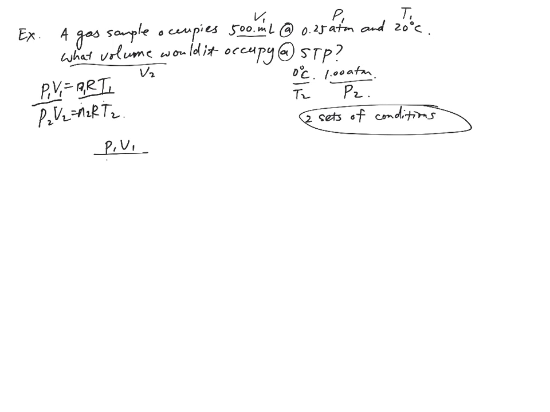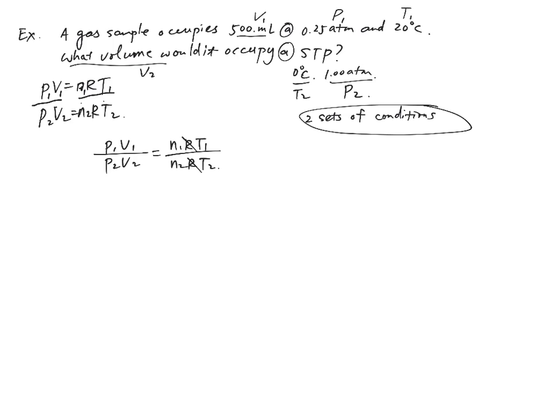P1V1 over P2V2 equal to N1RT1 over N2RT2. First of all, you don't have to ever worry about R, because R is the constant, and they always get canceled.